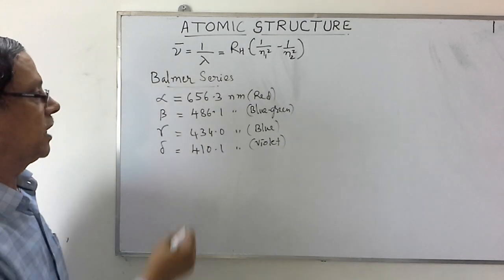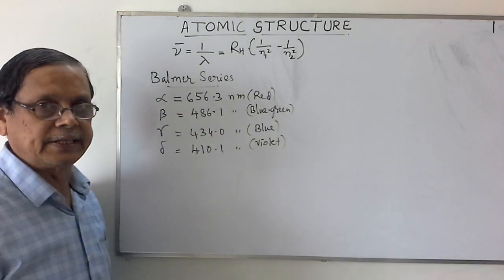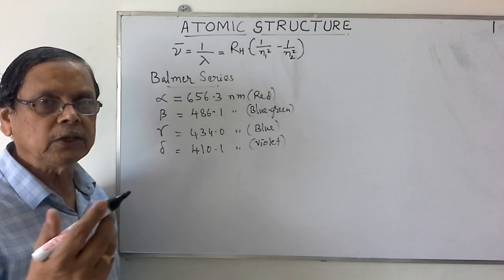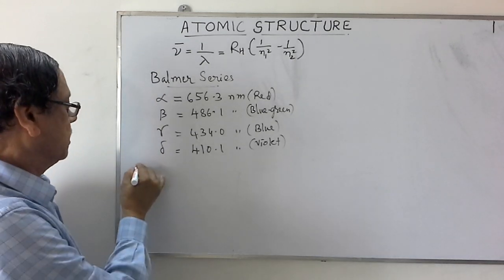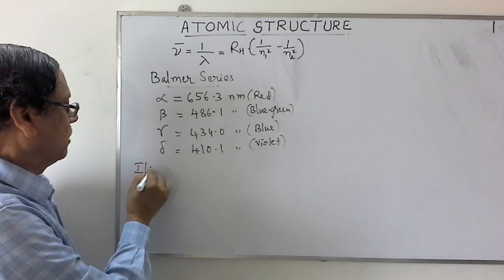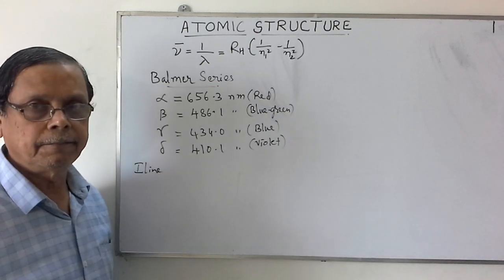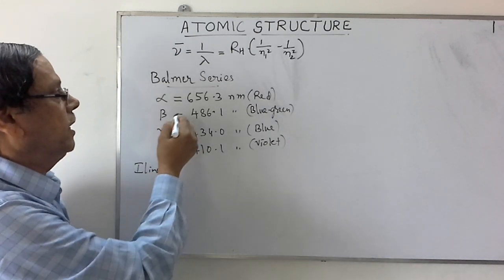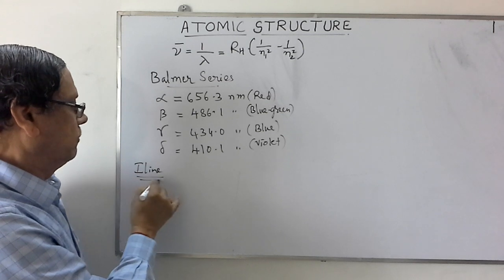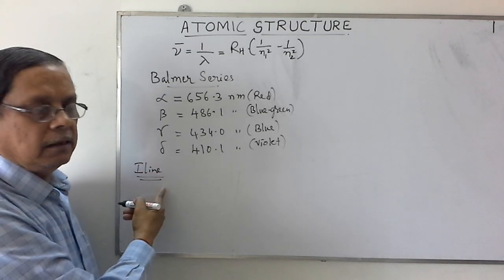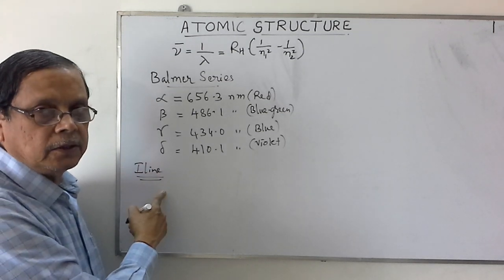Now let us see how to calculate the wavelength for various lines. I am taking two extreme things. One is the first line, the other one is the series limit.